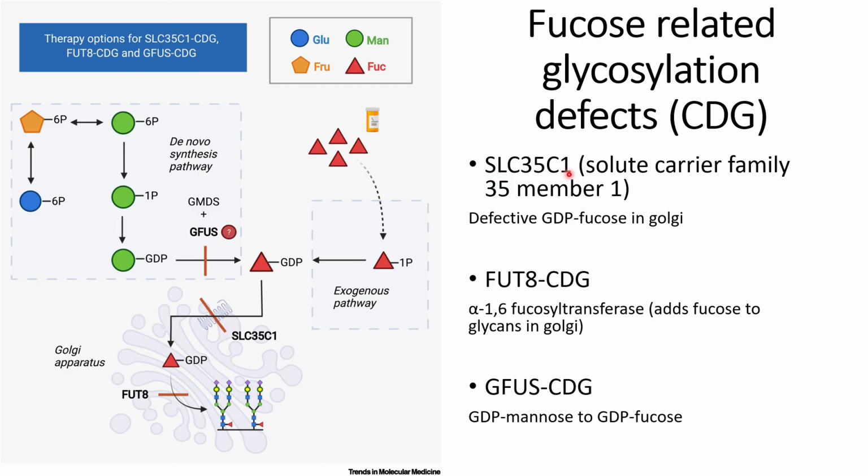First one is SLC35C1, and this CDG is known as solute carrier family 35 member C1 defect. What happens in this case is that there is a defective GDP-fucose transport, and because of this defect, it will affect the fucosylation in the Golgi.